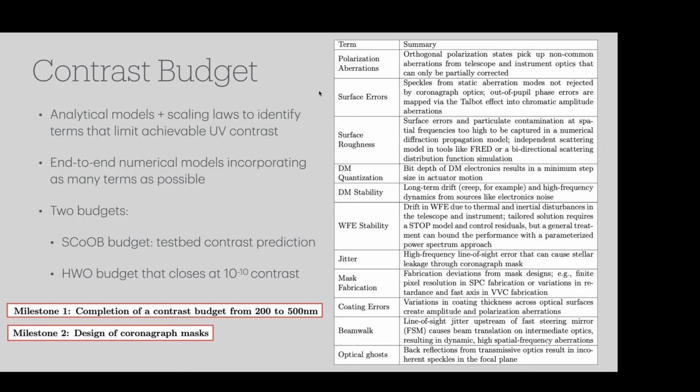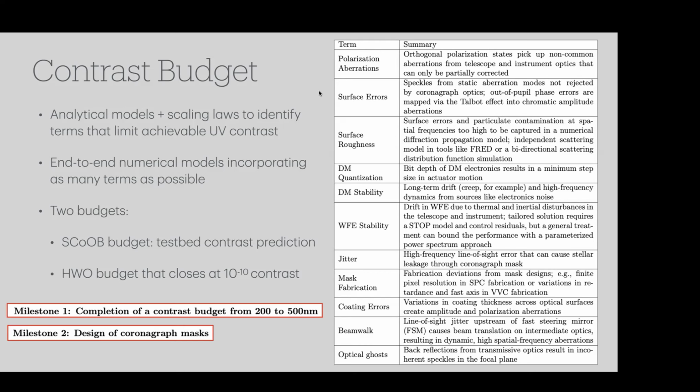And so, you can scale these down, but the idea is that there might be other terms or other factors that dominate some of these at UV wavelengths. And so the idea is to understand these scaling laws as a function of wavelength and bandpass, and then use those scaling laws to understand which terms will dominate.